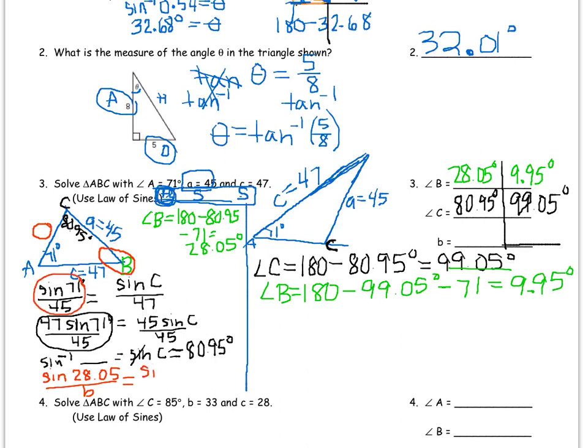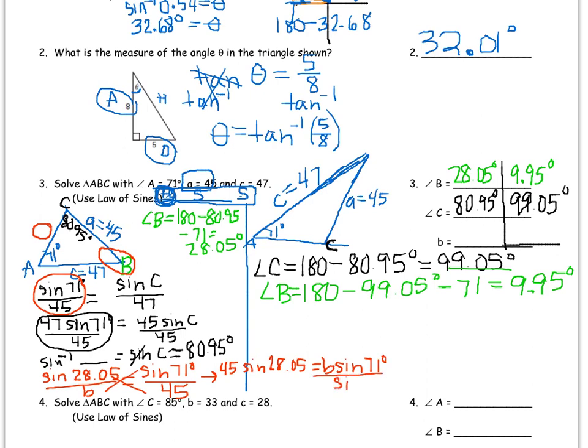So it equals sine of 71 degrees over 45. And then we would cross multiply to solve those. You're going to end up with 45 times the sine of 28.05 equals B times the sine of 71 degrees.